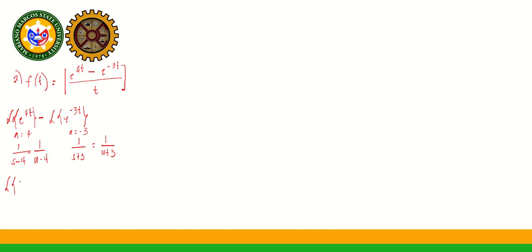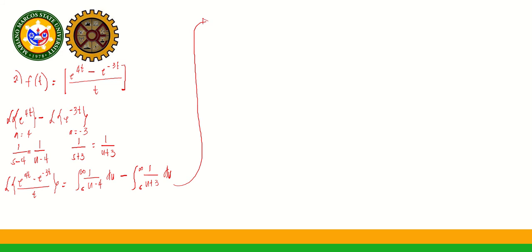So the Laplace of e raised to 4t minus e raised to negative 3t over t is equal to the integral of 1 over u minus 4 du limits from s to infinity minus the integral of 1 over u plus 3 du limits from s to infinity. So from there, we all know that the integral of these functions is equal to, let's continue here.